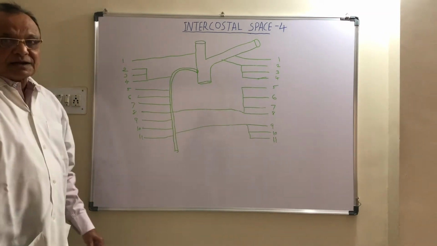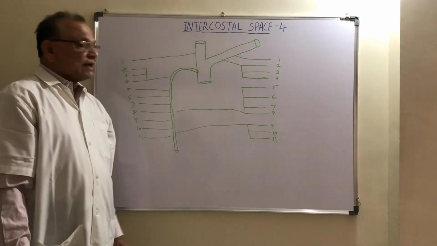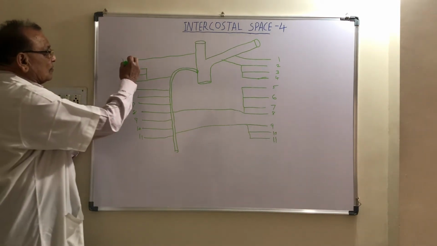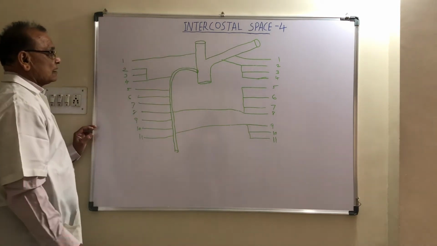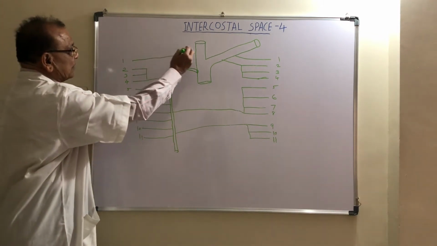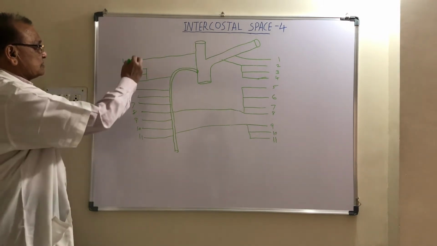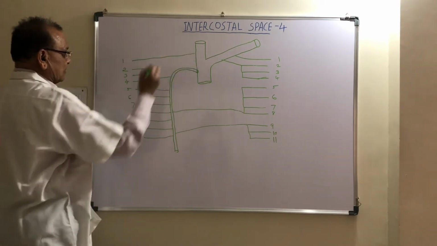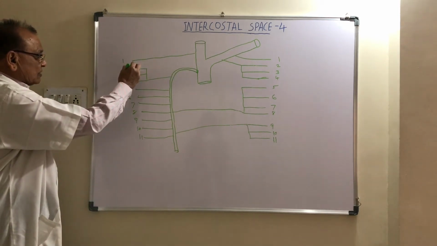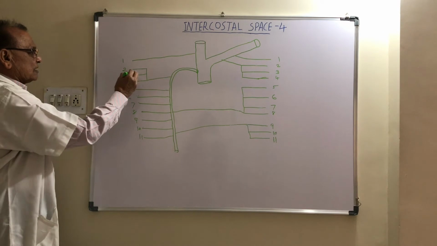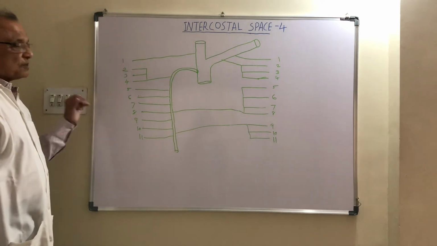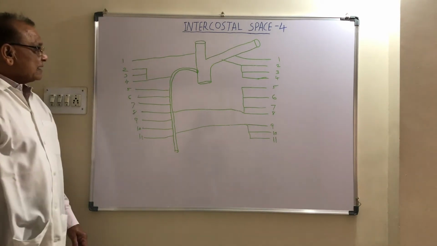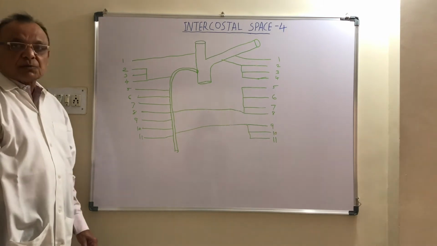Now on each side you know that there are 11 posterior intercostal veins. So on the right side, the first posterior intercostal vein opens into the right brachiocephalic vein. The second, third and fourth posterior intercostal veins of the right side unite to form a common vein, and this common vein is called the right superior intercostal vein.